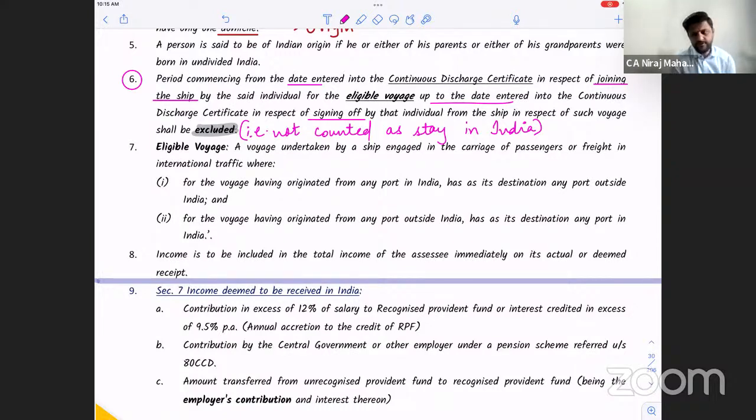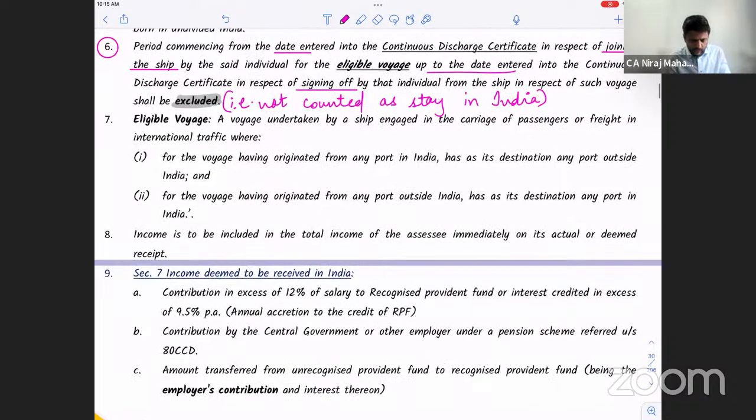Okay. Now, what is eligible voyage? You will read it quickly and tell me what you understand. I'll ask you some questions based on it.